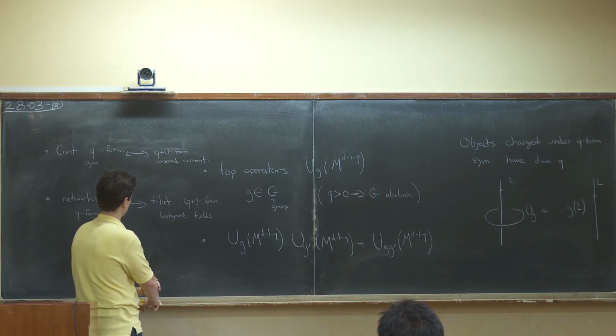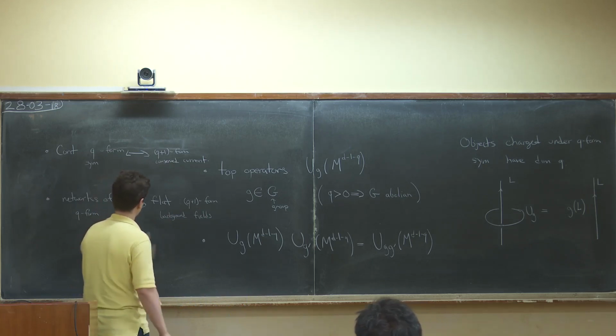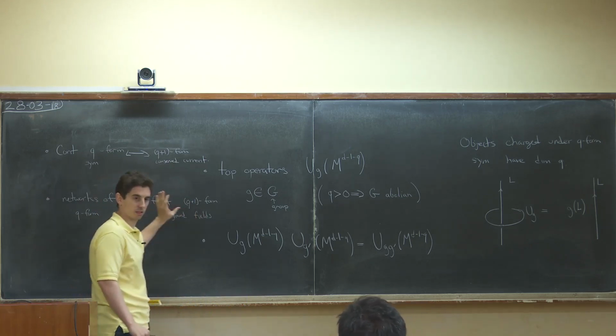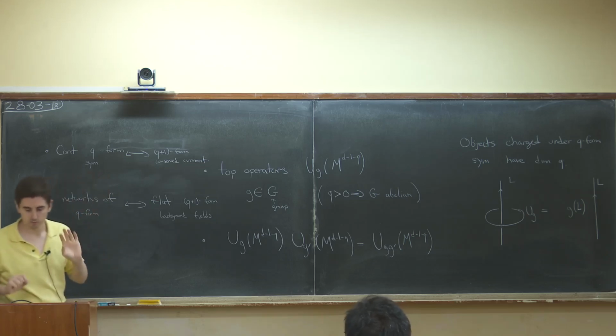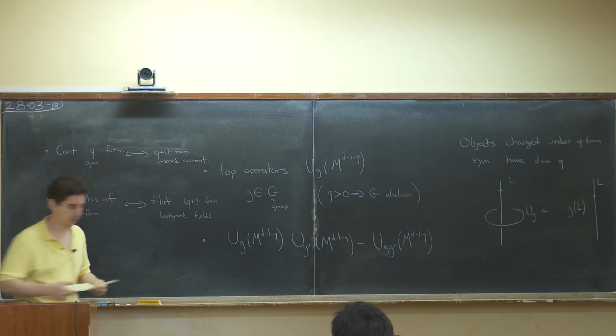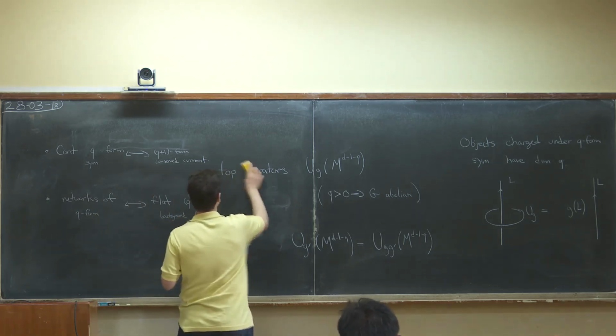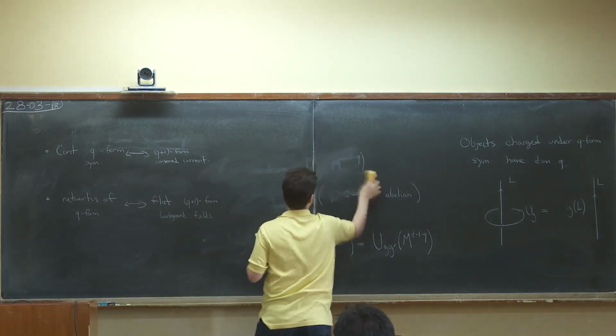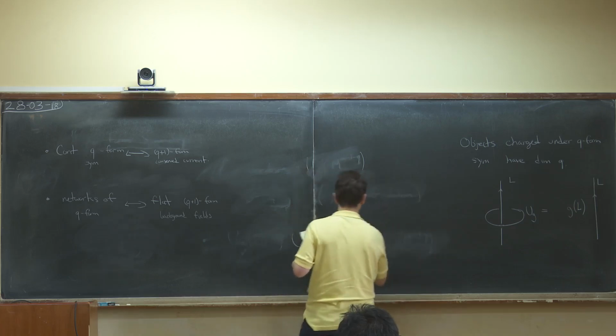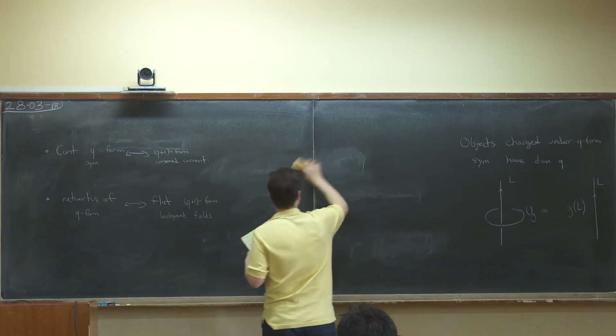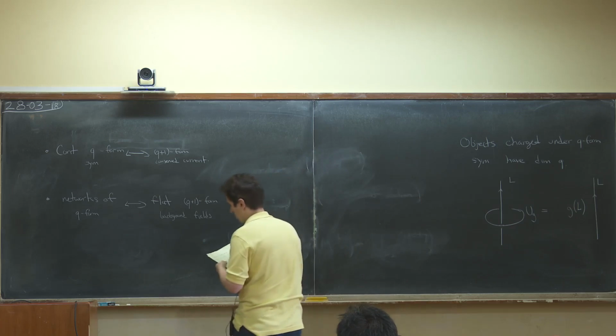Should I elaborate on this, or do people feel okay? Maybe I'll elaborate on one small point, which is, if you have a flat Q+1 form gauge field, what's the interesting information in it? The interesting information is the holonomy.